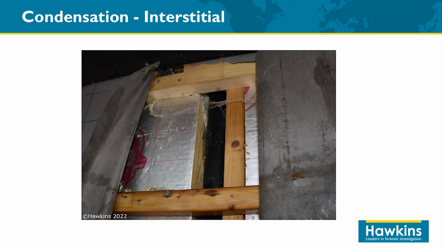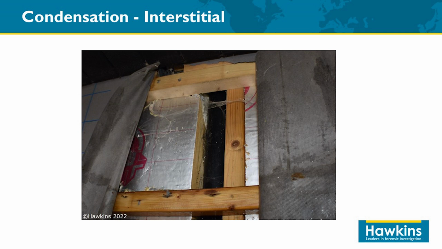There's a second type of condensation that can occur, which is more difficult to diagnose. This is interstitial condensation, a bit of a word. Essentially what it means is condensation that occurs that isn't visible, and it occurs within the building envelope, and can only really be investigated by opening up bits of walls and roof to find this condensation.